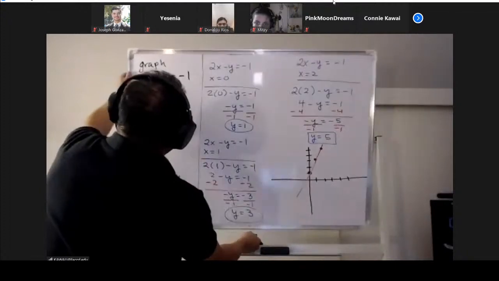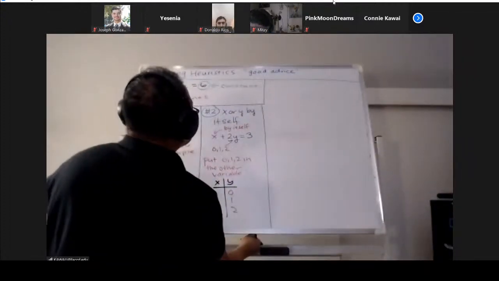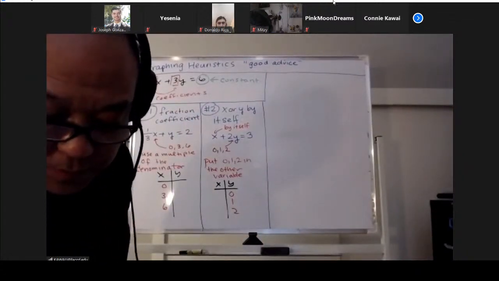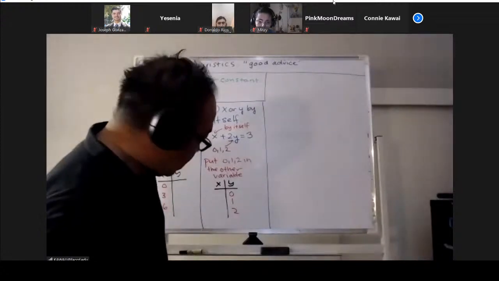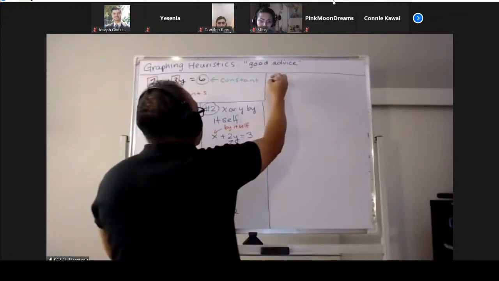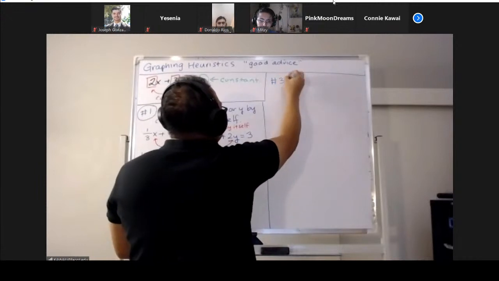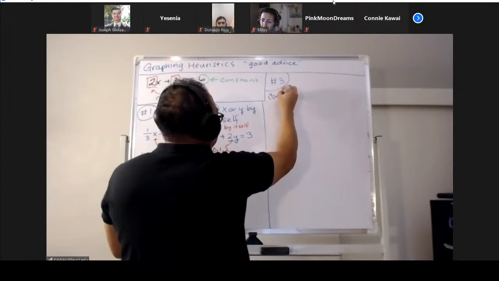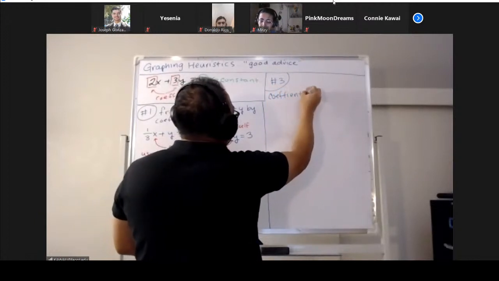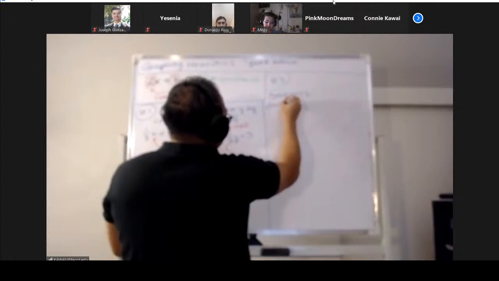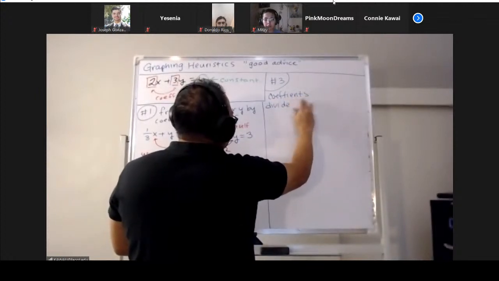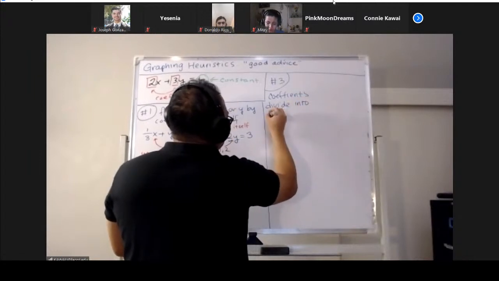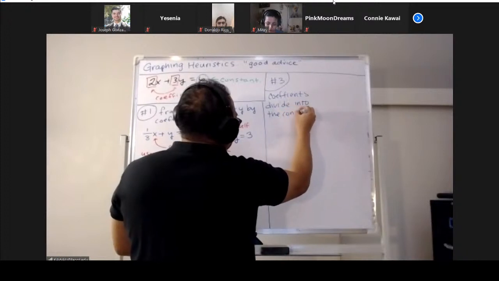Now, the third technique, number 3, is that coefficients divide into the constant.